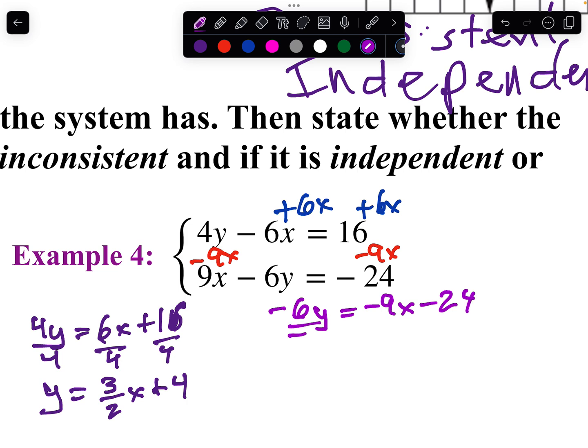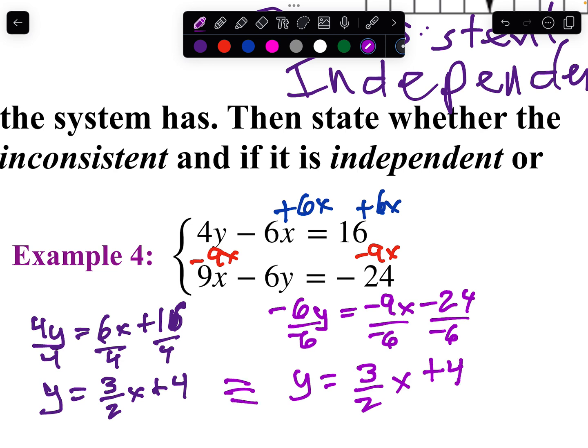So I'll divide everything by a negative 6. So I'll get y equals, a negative divided by negative is a positive, so we get 3 over 2 x plus 4. Oh, look at that. They're the same, aren't they?